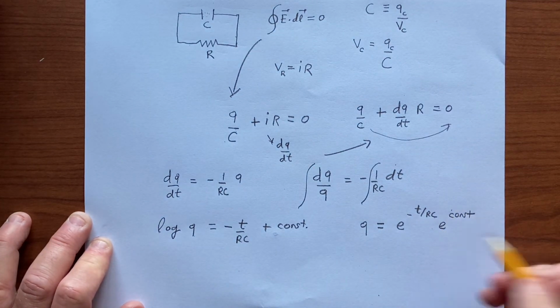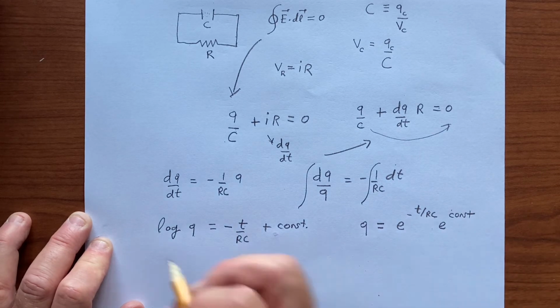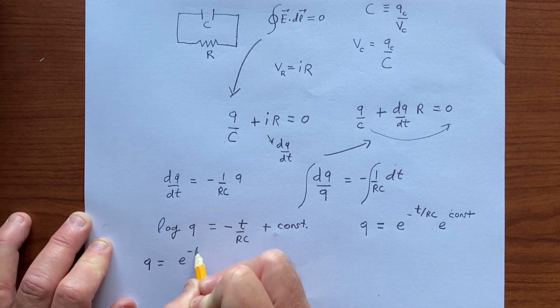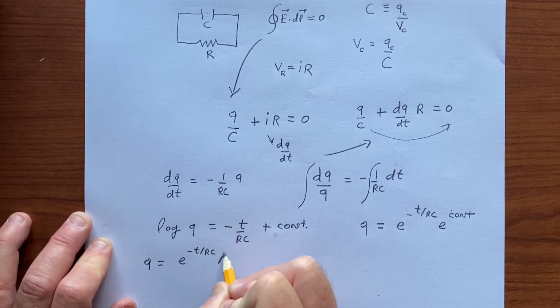But this whole thing is just a constant, so we might as well call it something else. Let's just do e to the minus t over RC times A.